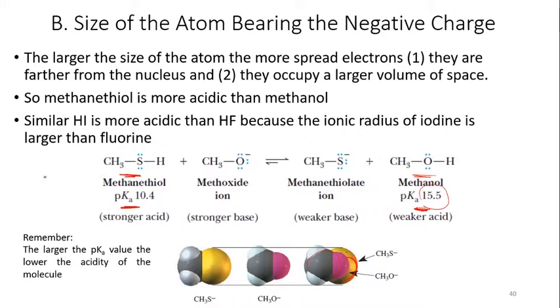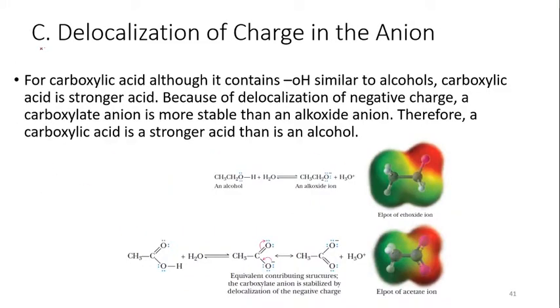The other factor that can affect the acidity is the delocalization of the charge in the anion. If I look at an alcohol and acetic acid, you can see that acetic acid has the ability to form what we call resonance structures.